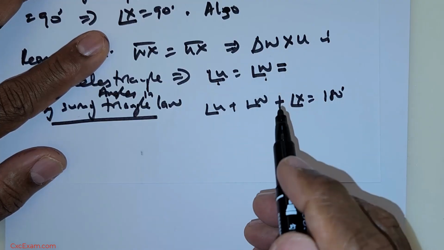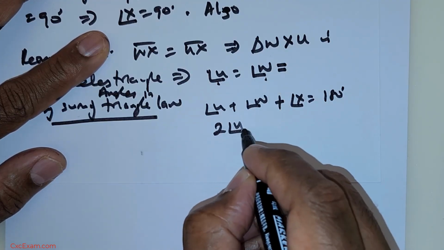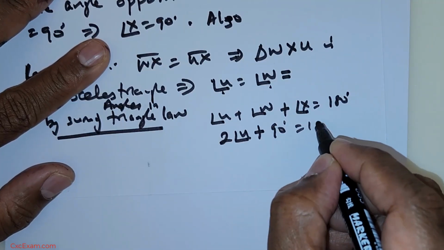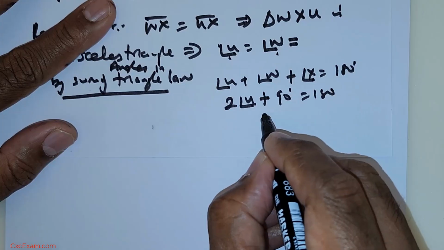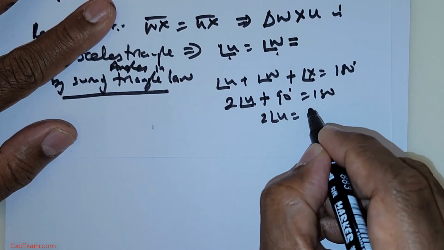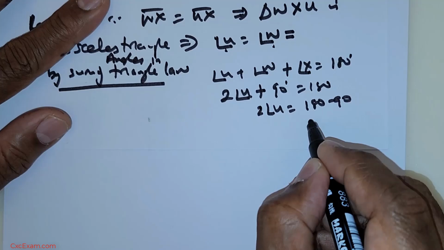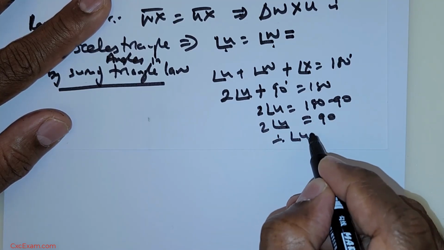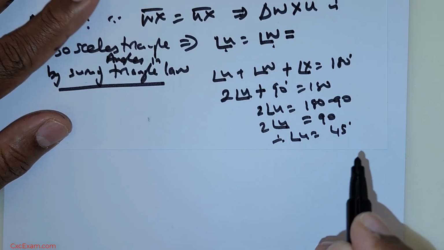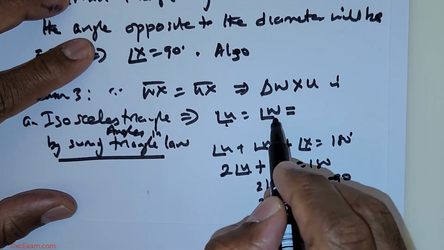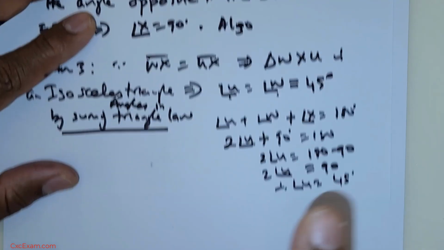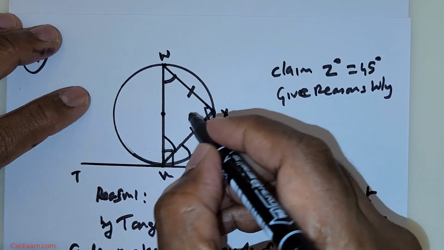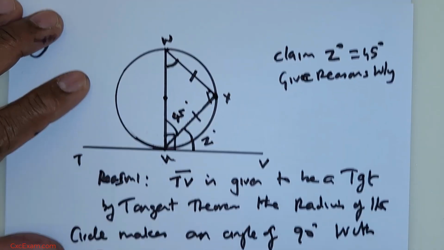Angle U is equal to angle W. So this is going to be 2 times angle U plus angle X, which is 90 degrees, equal to 180. So 2 times angle U is 180 minus 90, which is 90. Therefore angle U is 45. So angle U is equal to angle W is equal to 45 degrees. So I have given you the reason.